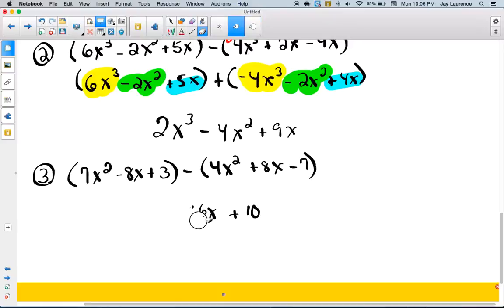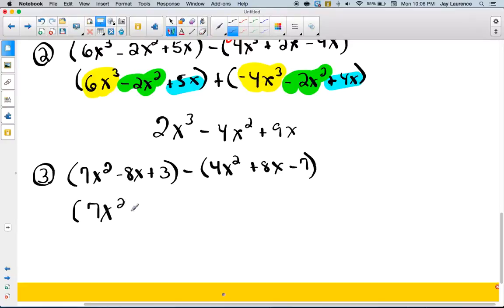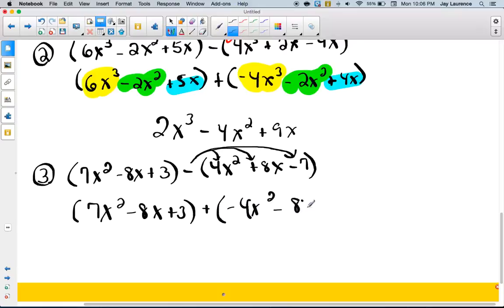If you didn't get that answer, watch me. Okay, so first thing I'm going to do is distribute the negative. And so I'm going to just rewrite this 7x squared quantity minus 8x plus 3. And then, of course, I distribute the negative to all 3 terms. If there were 7 terms, I would distribute to all 7 of them. So let me close this quantity, put a plus sign, and I'm going to get minus 4x squared minus 8x plus 7.